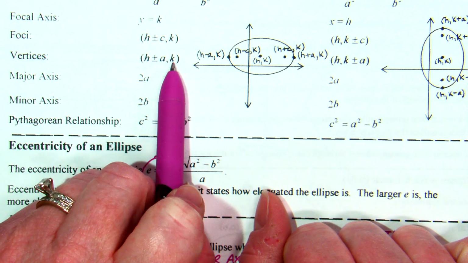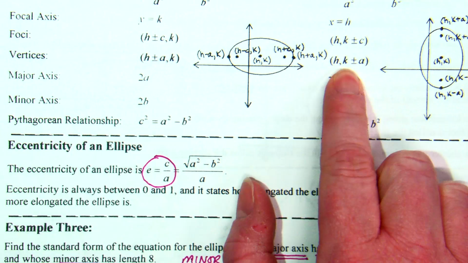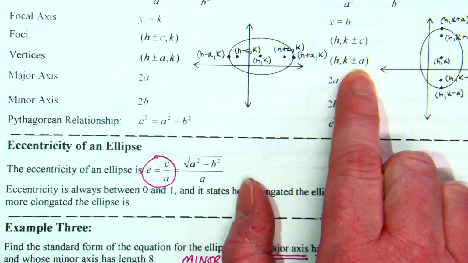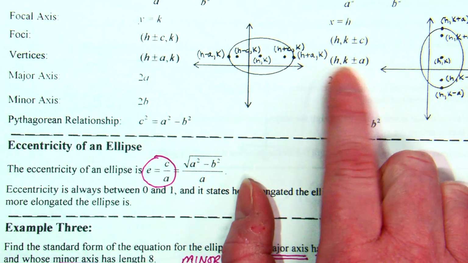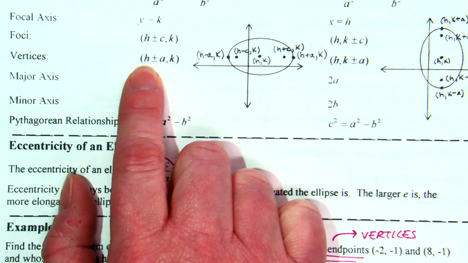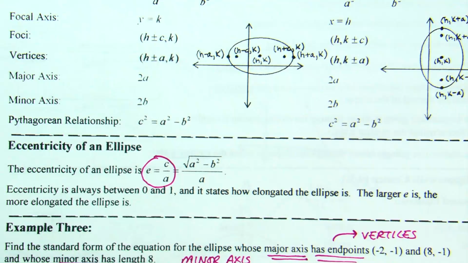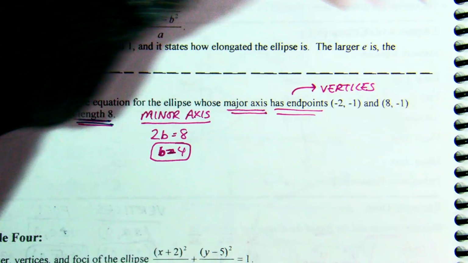Over here, it's H, comma, K plus or minus A, so the vertices would have the same X value but different Y values. What do we know about our vertices? They have the same y values. By looking at all of that, we now know that this is a left column.